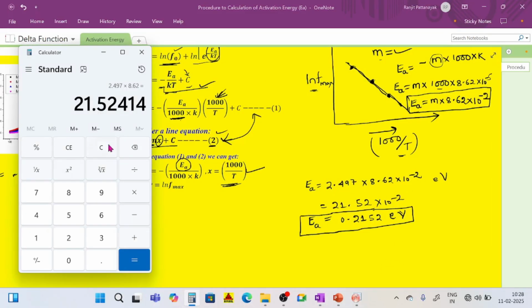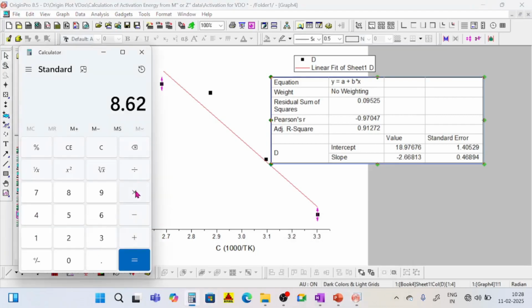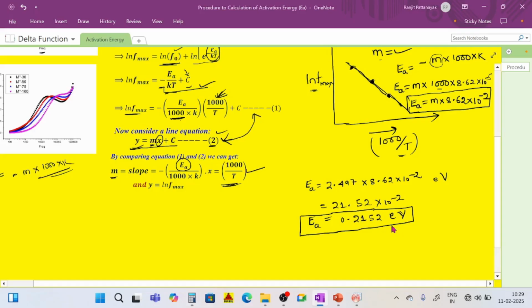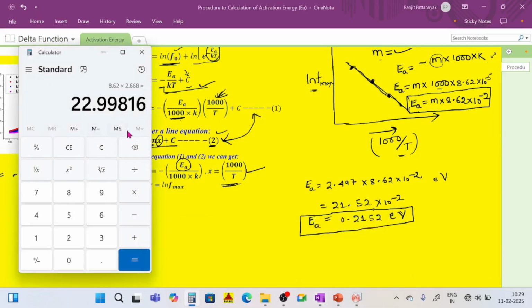So here 8.62 into this value 2.66, we can get 22.99, and into 10 to the minus 2 is there. So we can find the value will be equal to 0.22. So here we found 0.21, here we found 0.22. Okay, same value we can get.